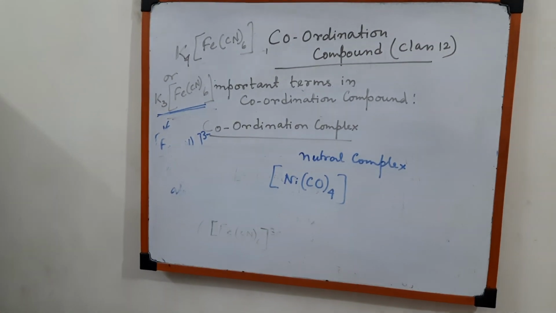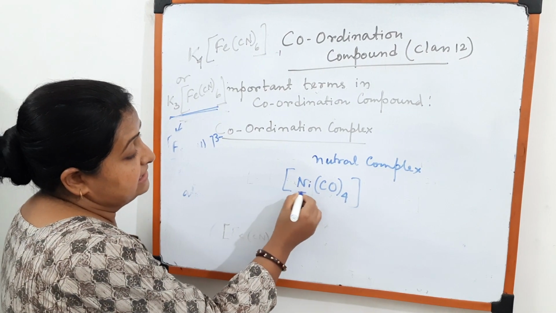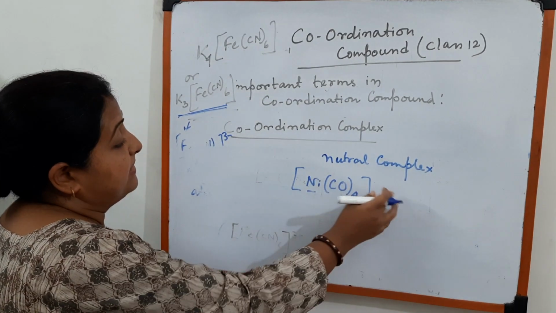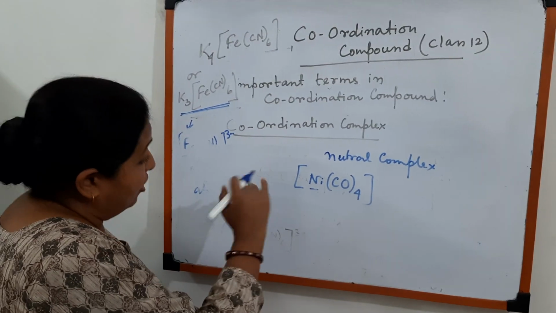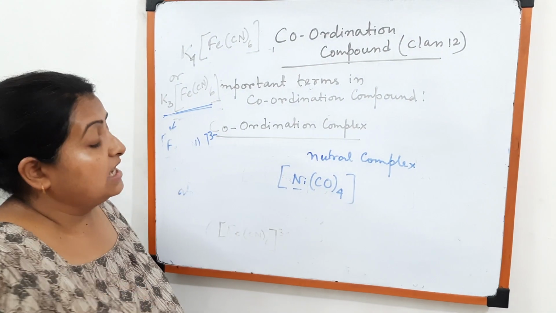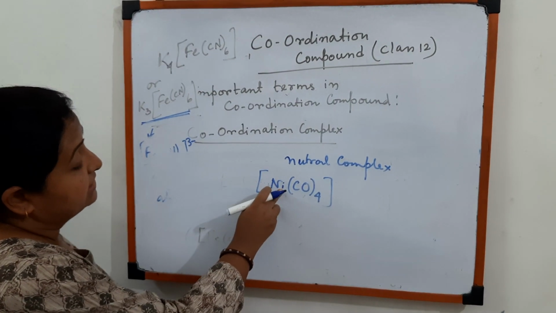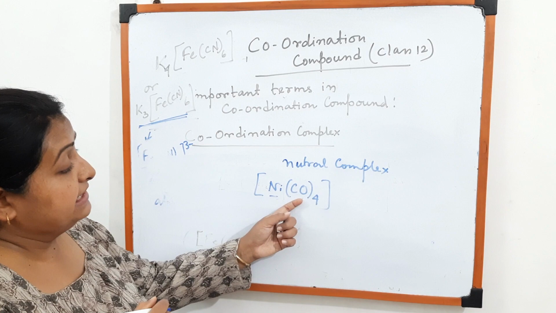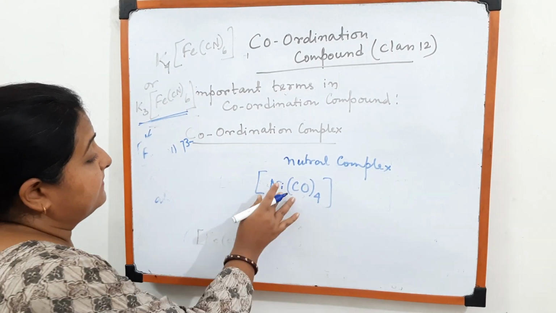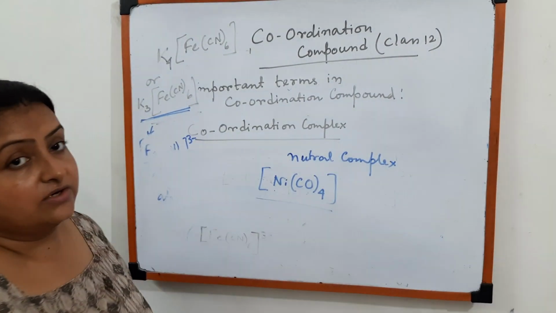That was cobalt, the metal, and here central metal is nickel, and there is no such metal ions present or any anion part present outside. So here only the ligand makes the bond with the central metal, and the ligand is here carbonyl. And this type of complex are known as neutral complex.